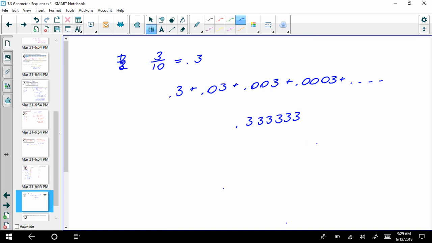Now, if I was doing something like this, what happens if my answers, instead of getting smaller and smaller, get bigger and bigger each time? Well, my sum, my total, is not going to approach anything. It's just going to get out of control.